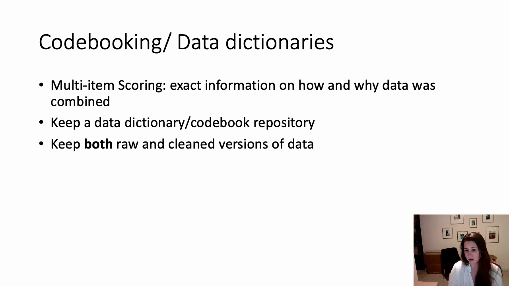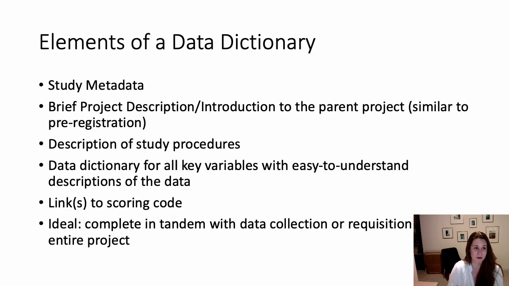So let's talk a little bit about the elements of a data dictionary and what goes in there. The first thing is your study metadata. This is not about the specific variables, but about bigger elements of the study that you might be running.